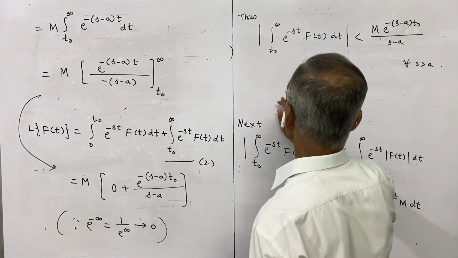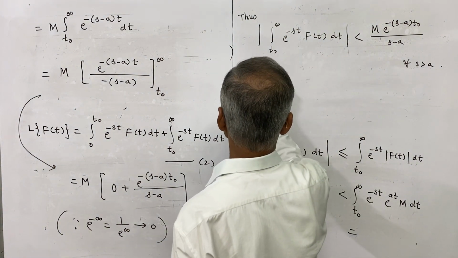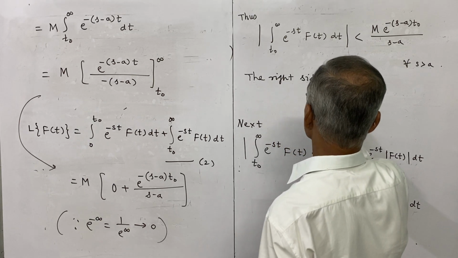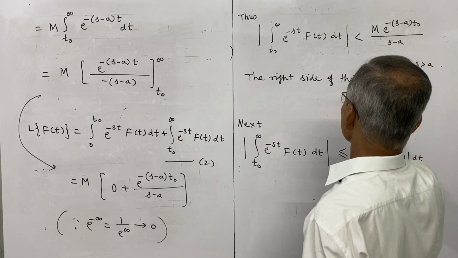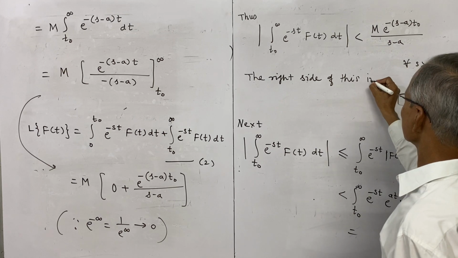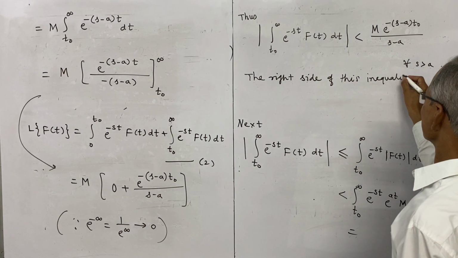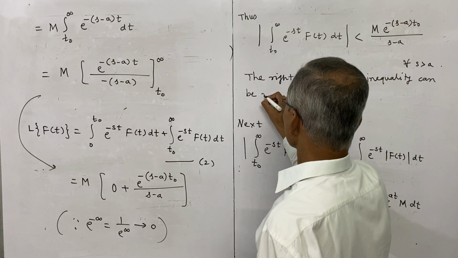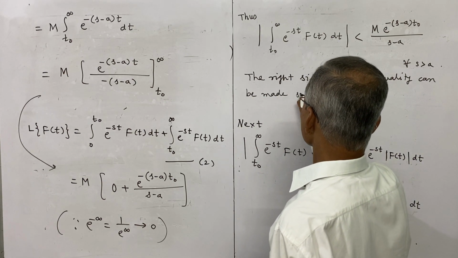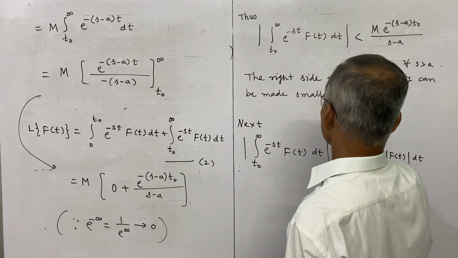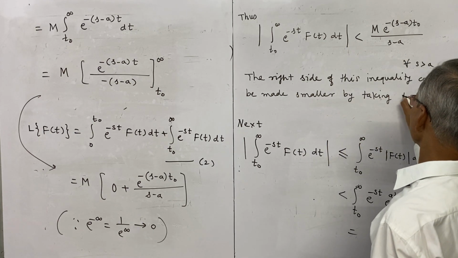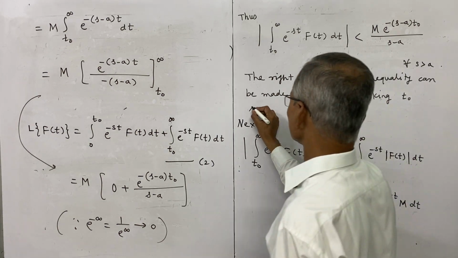So we can write here that the right side of this inequality can be made smaller by taking t naught sufficiently large.